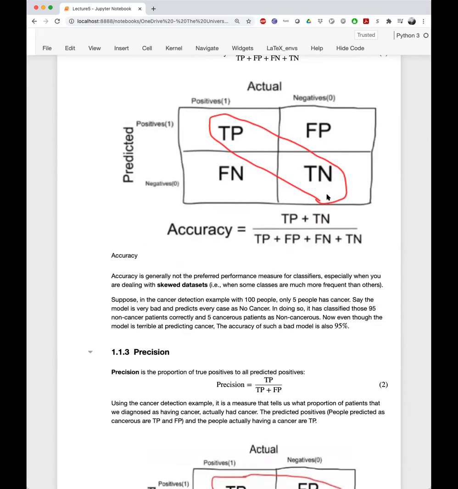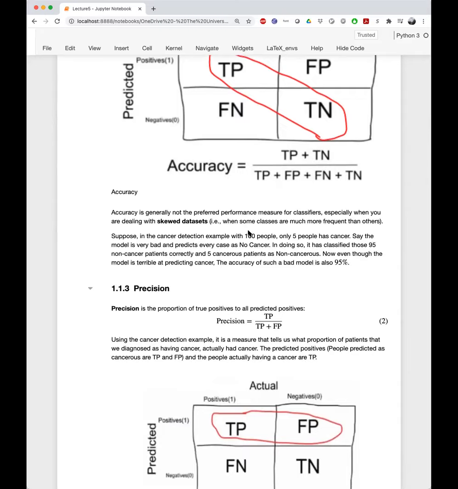So you might think accuracy is a pretty good one. Why do we need other metrics? Accuracy is really not very good in many cases, especially where we have skewed data sets.